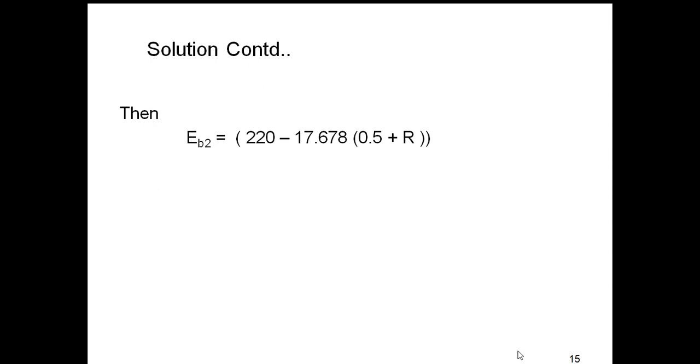Then if we substitute this in the back EMF equation, we get EB2 is equal to 220 minus 17.678 into 0.5 plus R.